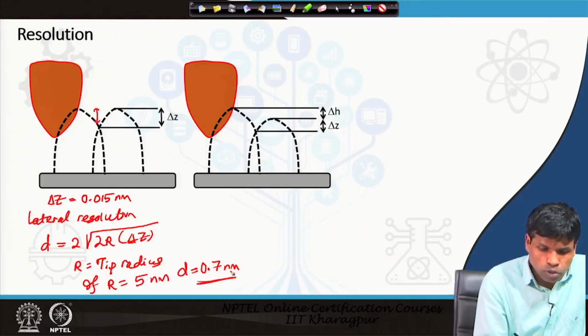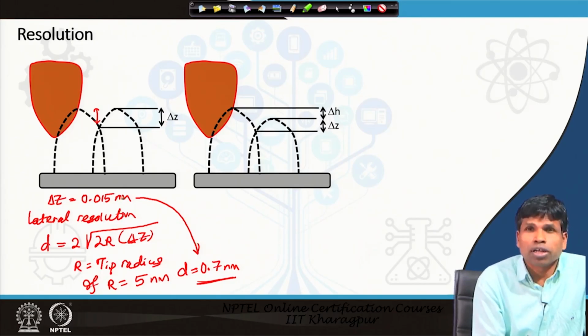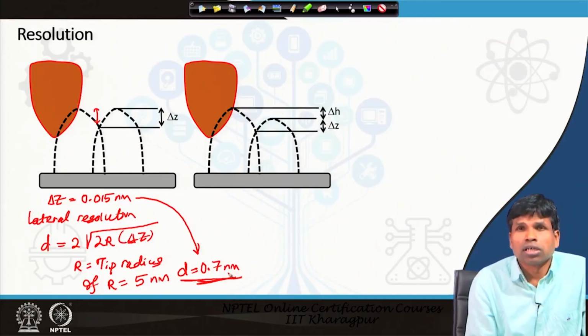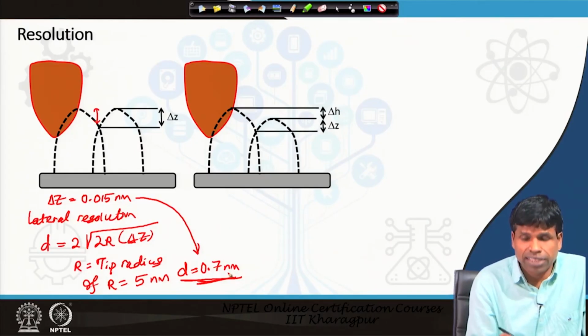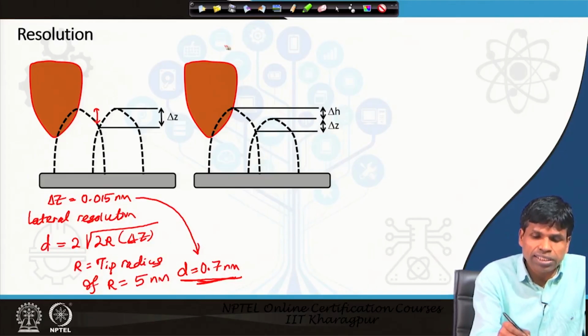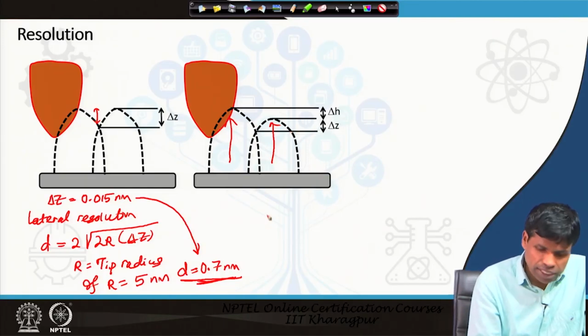Now you see, when the vertical resolution del z is 0.015 nanometer, our lateral resolution is 0.7, quite a large value, that means poor resolution. But interestingly, if the heights of these two vertical objects, two spikes, differ, then the formula changes.